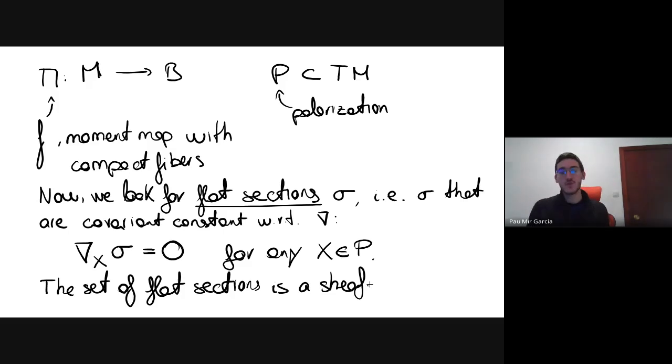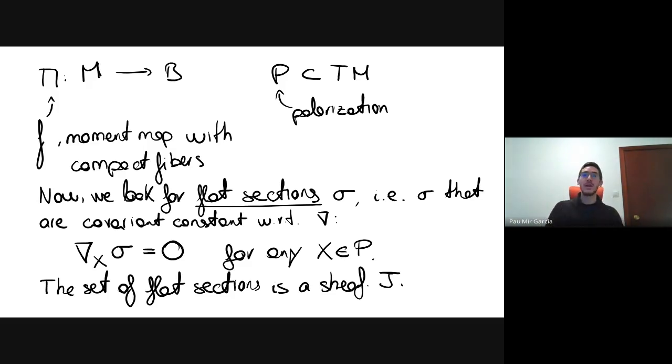And if you have a sheaf, you can construct a cohomology, the sheaf cohomology, and from this you can define the quantization. So now we arrive to the definition of the quantization, and it's the following. I will call it J. So J will be the sheaf of flat sections. And from a sheaf of flat sections, you consider the sheaf cohomology, in which I will not enter, but I could devote another session.